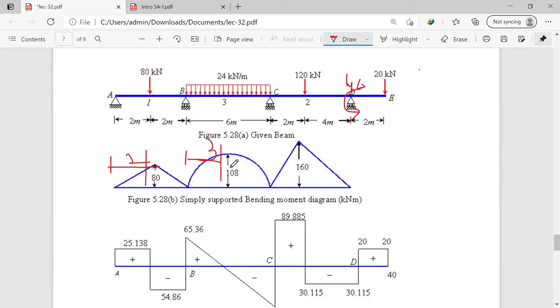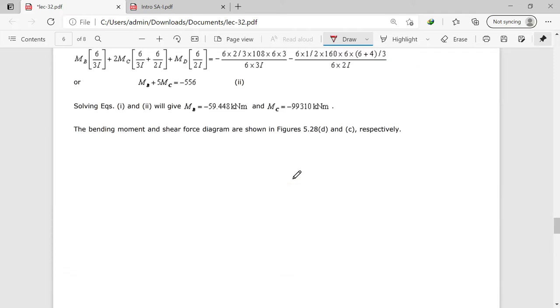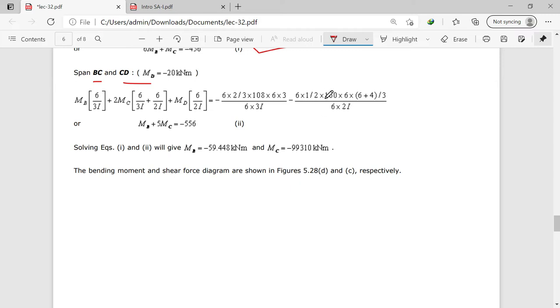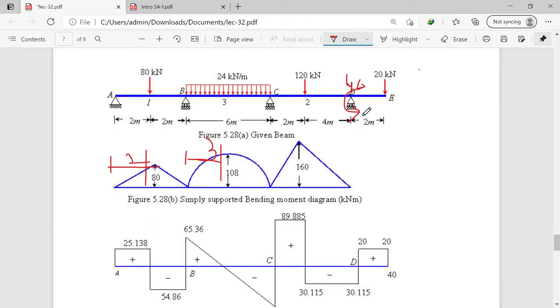Already we have calculated the area and centroid, so we have to use that area and that centroidal value in our equation. And here also it is a triangle part, so we have to calculate the area for the triangle, half into base into height into 6 plus 3 divided by 3. Okay, so here 4 plus 6 plus 3 by 2, so we have to consider as it is not a right angle triangle.